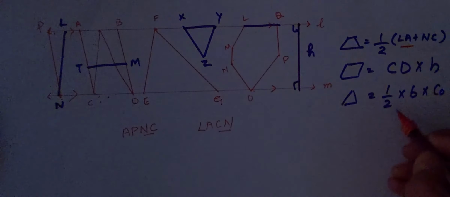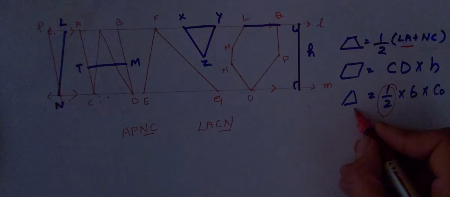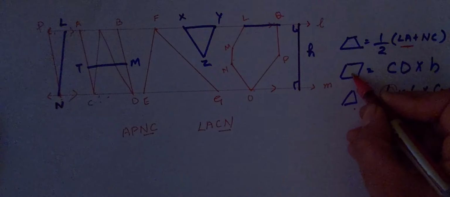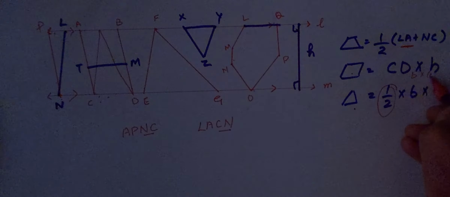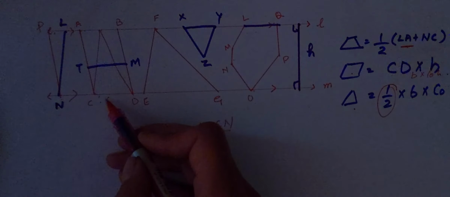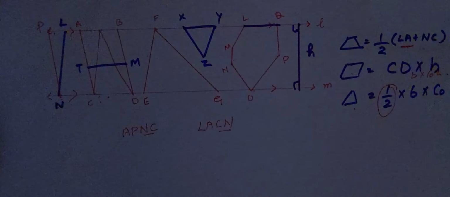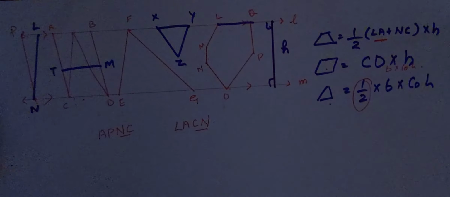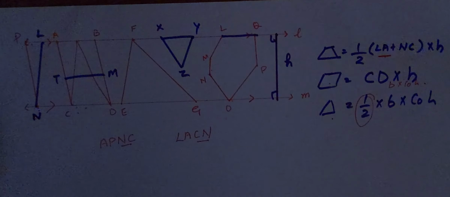No, because in the formula there is a half factor in the triangle, whereas in the parallelogram it's only base into corresponding height. So what's the relation between their areas? The area of this triangle is half of the area of the parallelogram. We have already discussed it. So through this I just want to tell you that area of parallelograms and triangles can be spoken about if base and corresponding heights are given, not the rest.